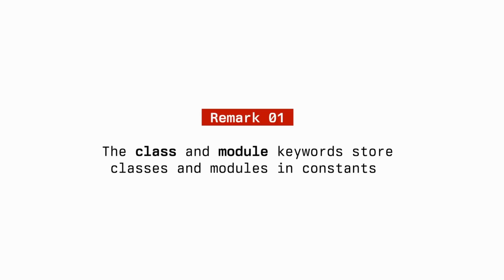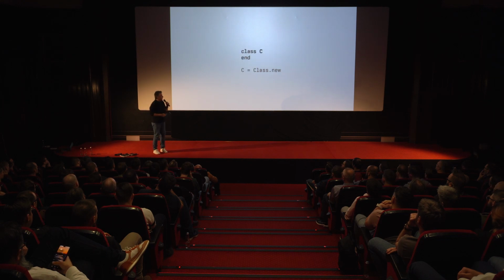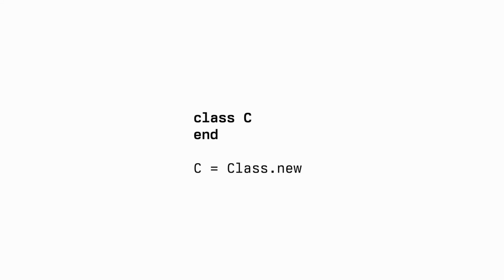First thing, and this is very unique in Ruby, the class and module keywords store class and module objects in constants. What does that mean? So we have here class C, all right?